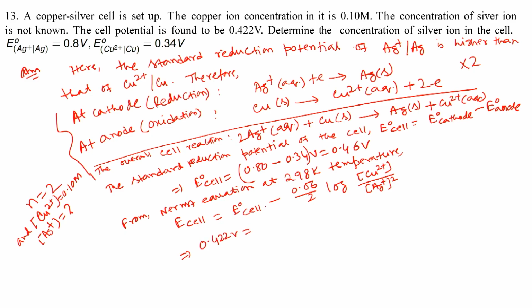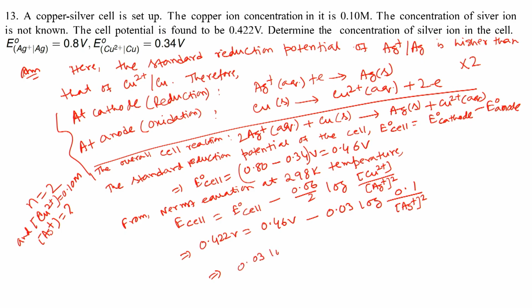Now we put in the value of E cell, which is given, 0.422 volt, and E naught cell we also calculated, 0.46 volt. So, minus 0.03 log 0.1 by concentration of Ag+ raised to the 2.